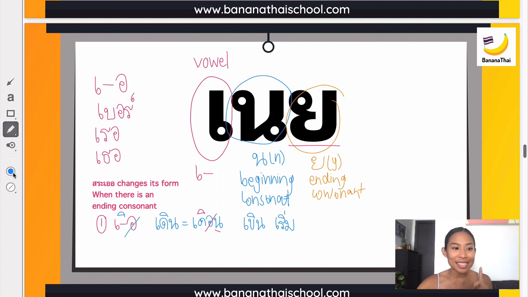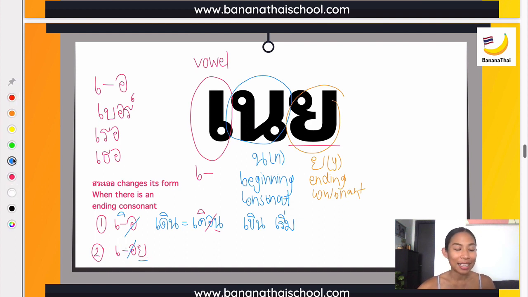But the second case of สระเออ is only when there is ยอยักษ์ as the ending consonant. Then the o-ang just disappears, and there is no need to put สระอี.